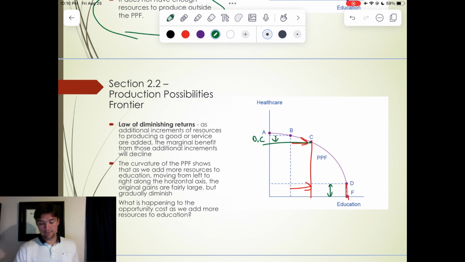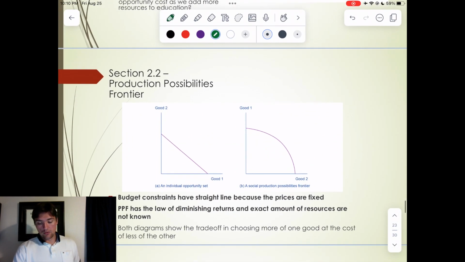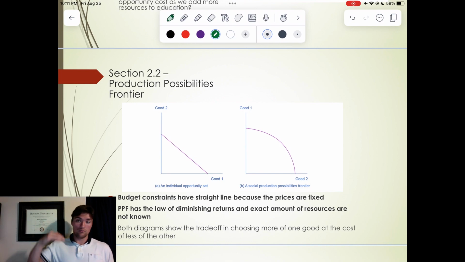Okay? So how is this different from the budget constraint? So a budget constraint is a straight line because this is just the maximum that you're able to afford with your income. And the PPF is going to show the law of diminishing returns. So, just like we talked about, because of the extra benefits, it has to curve to show the smaller increases.